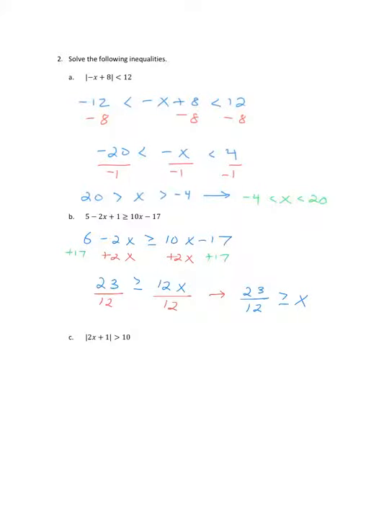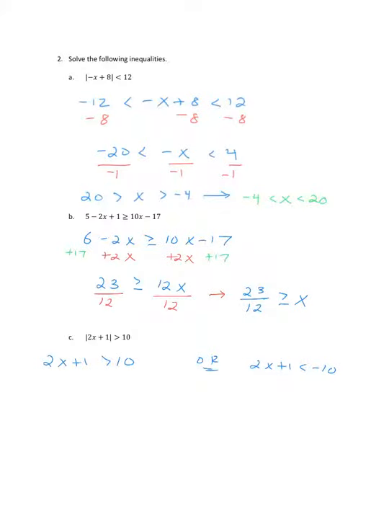For the last part here, we have a greater than with an absolute value, meaning I have to write this as an or statement. Where is 2x plus 1 greater than 10, or where is 2x plus 1 less than negative 10? We're on the outsides of both negative 10 and positive 10.